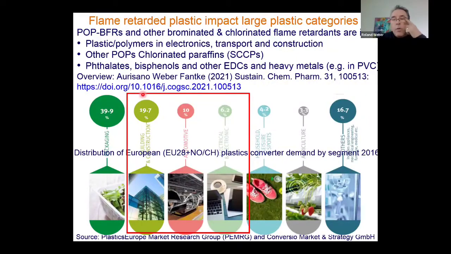So when you start now to look to these brominated flame retardants, at the same time you can think more broadly in a sense to look to problematic additives in the major plastics you have and you need to manage. Because in these plastics, we have also other POPs like the chlorinated paraffins. We will come tomorrow to it, but we have other hazardous chemicals like phthalates and bisphenol A, which are endocrine disruptors, and even heavy metals used in some of these plastics.